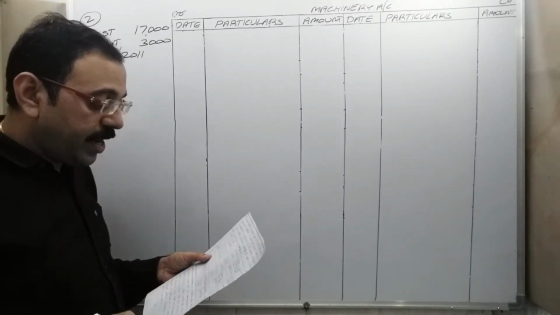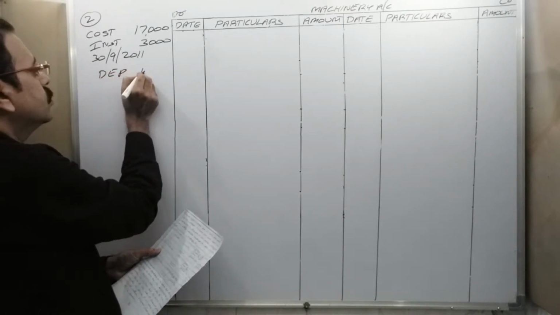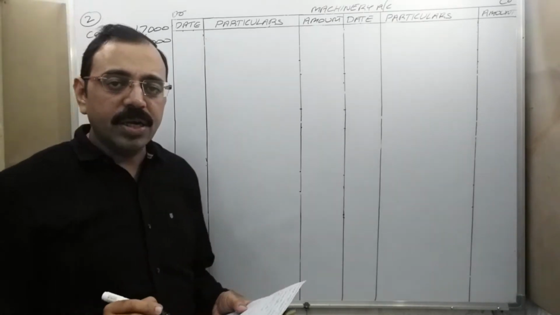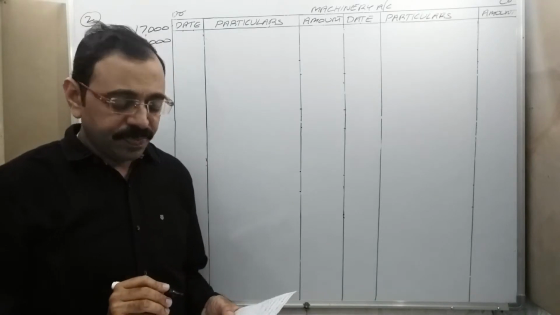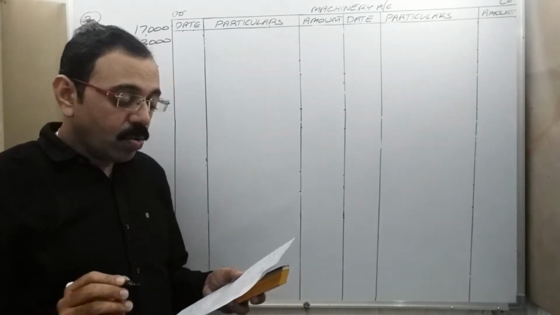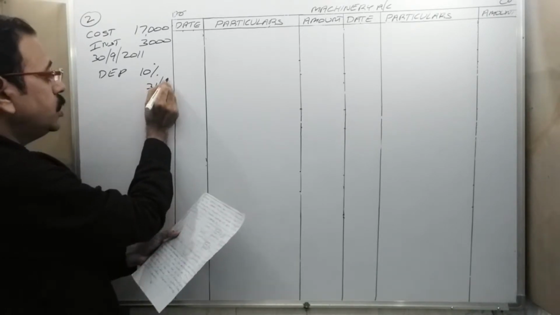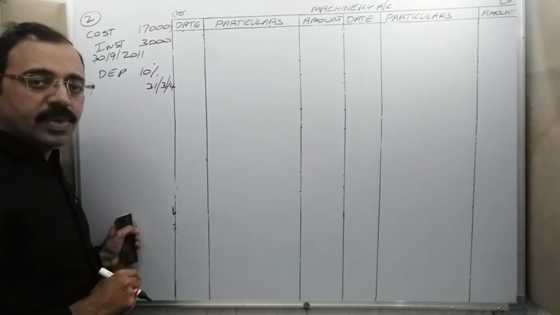Depreciation is provided at 10% under Straightline method. Straightline method means fixed installment method. Prepare machinery account up to 31st March 2014. So this is the problem.